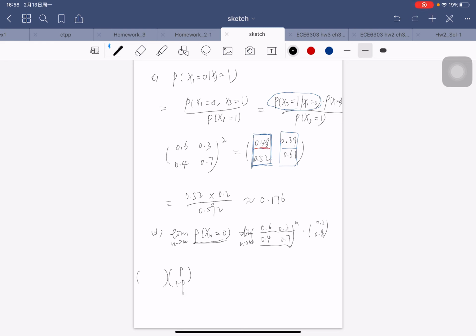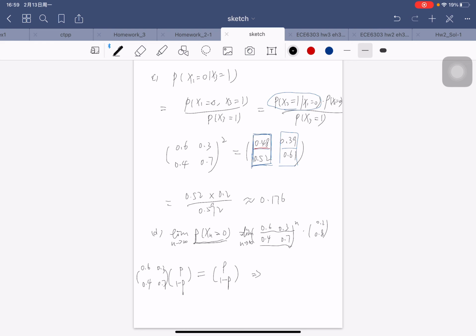When we multiply it by the transformation matrix, it will remain the same, which means this is its limit, and it will still become p and 1 minus p.